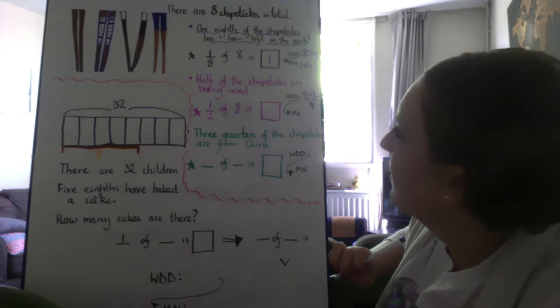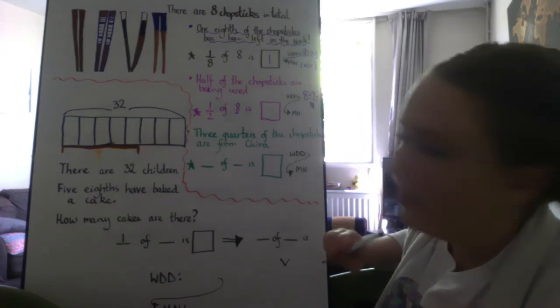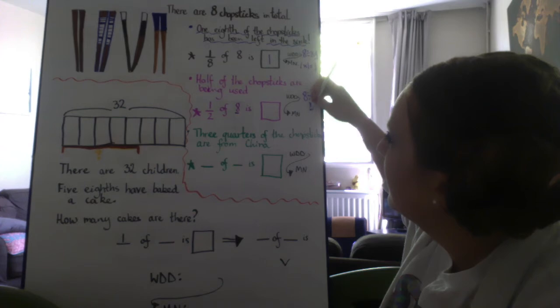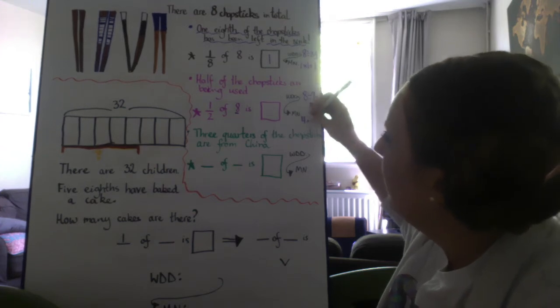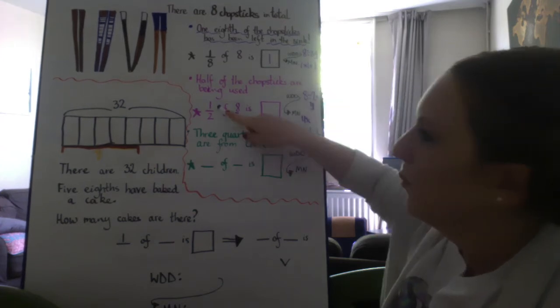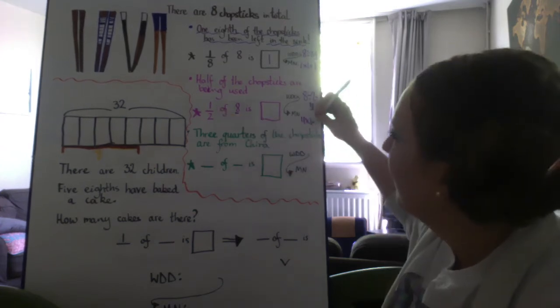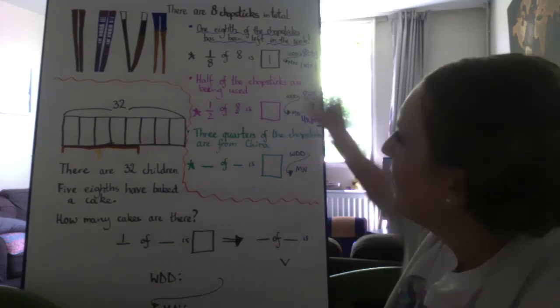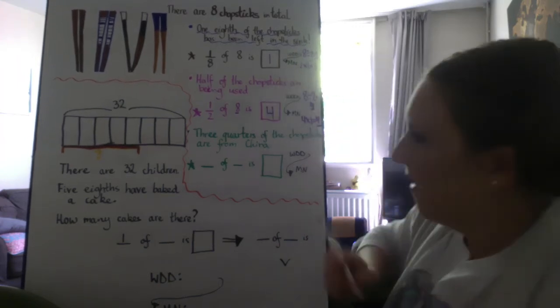I'm not finished yet though, because I still need to multiply this by my numerator. So 4 times 1 is equal to 4. Now I know that I'm ready, and that is 4.